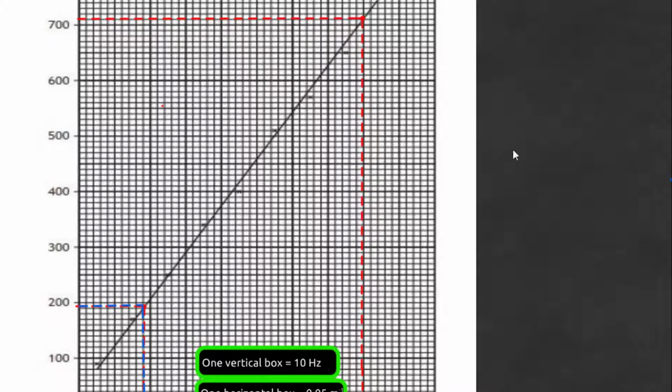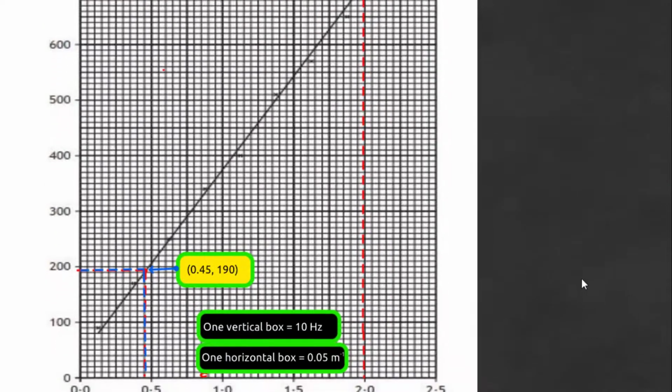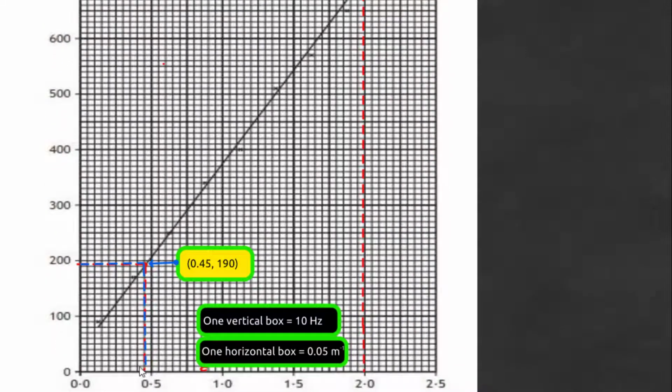I've chosen those 2 points because the line crosses exactly where two of the lines in the graph cross, so it makes it easy for identifying the coordinates. The first one is this one here. We can now name it, and this point has coordinates 0.45 and 190, because it's 9 boxes along, so 9 times 0.05 gives us 0.45, and it's 19 boxes up, and 19 times 10 gives us 190.